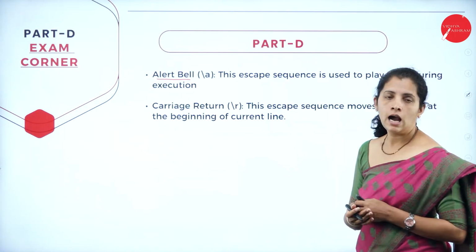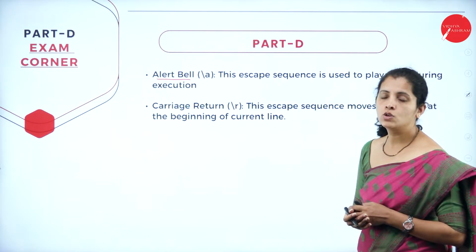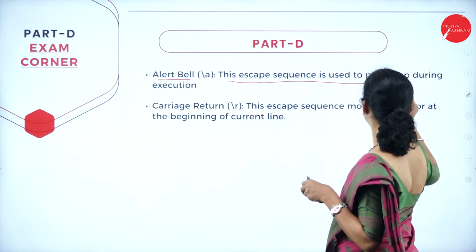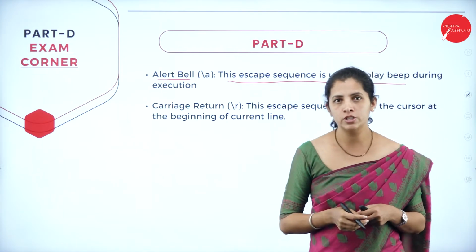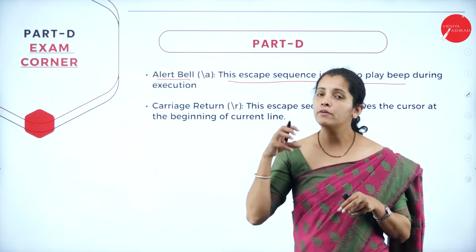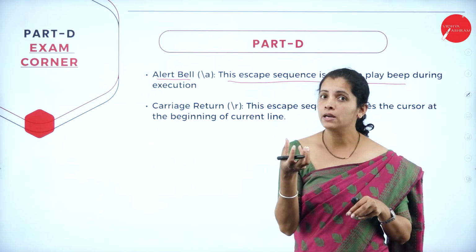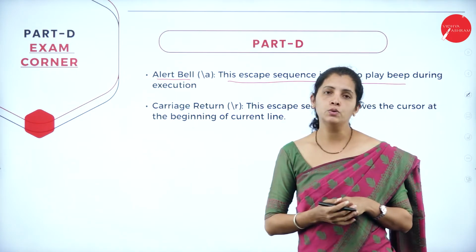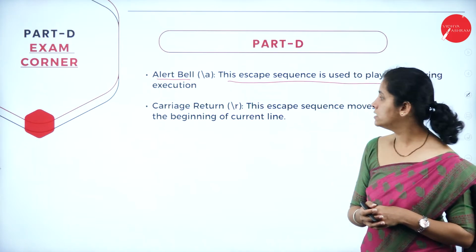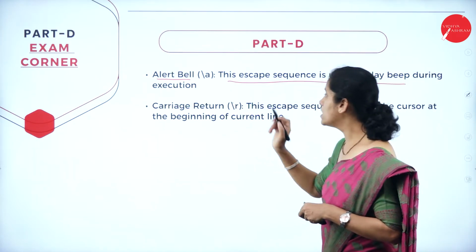And alert bell, so \a. This sequence is used to play a beep during execution. That means during the execution of the program, if I want to provide a beep, in that situation I'm going to use alert bell. And carriage return, that is \r.